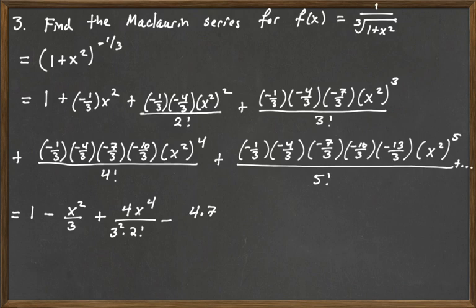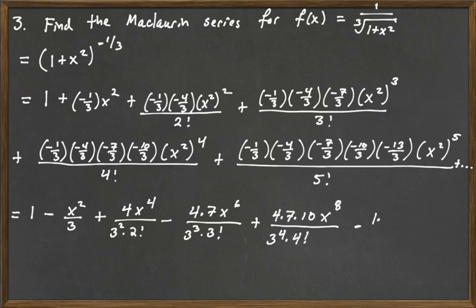I'm not multiplying it out because I'm trying to notice what the pattern is. x to the 6 over 3 cubed times 3 factorial, plus 4 times 7 times 10 x to the 8th divided by 3 to the 4th, 4 factorial, minus 4 times 7 times 10 times 13 x to the 10th, and I could have put the times 1 in front of these other ones also, and I can notice that pattern of 1 times 4, 1 times 4 times 7, 1 times 4 times 7 times 10, and you see an increase by 3.